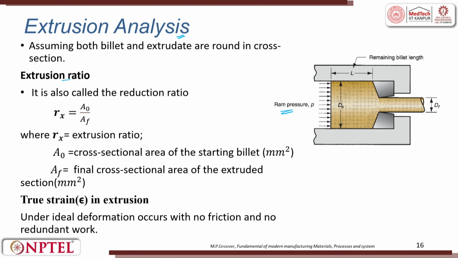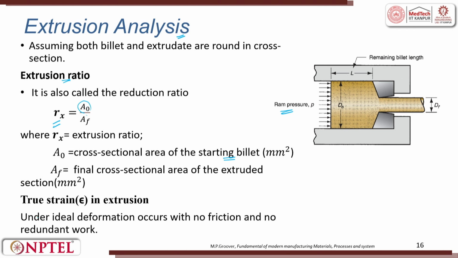So, the extrusion ratio is nothing but A0 by Af. A0 is the cross section area of the starting billet, Af is the final cross section of the workpiece which comes out through the orifice or the die. So, the reduction ratio Rx is found out by this ratio.